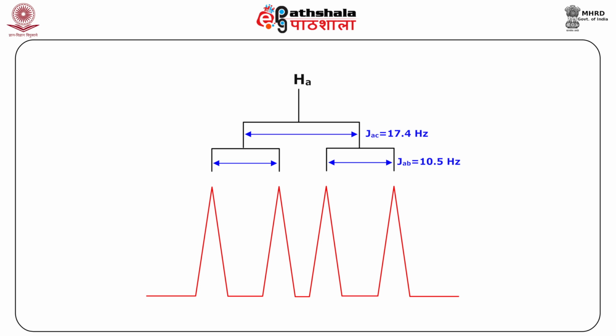In a doublet of doublets, all the lines are of equal intensity and the individual peaks are not necessarily equally spaced. Hence, for complete identification of the splitting pattern, we must look carefully at the number of lines, their shape and their intensity.